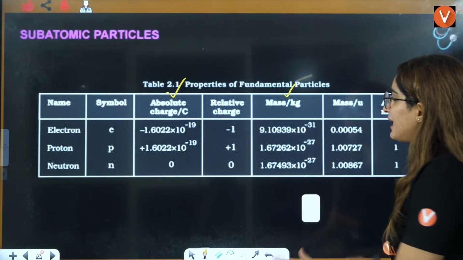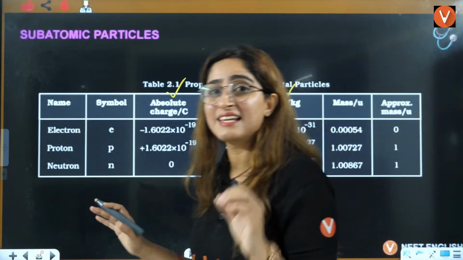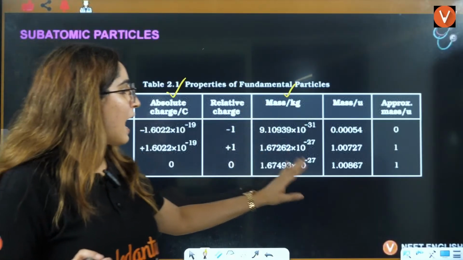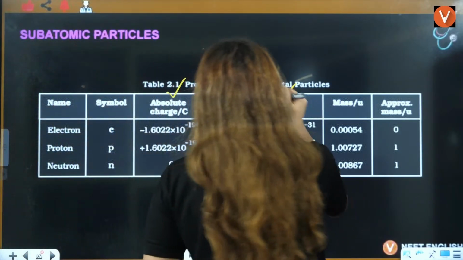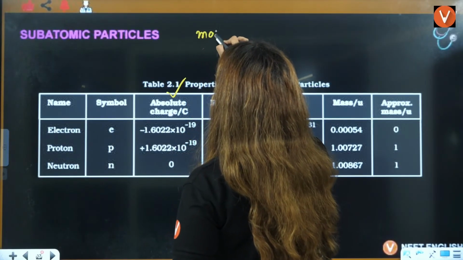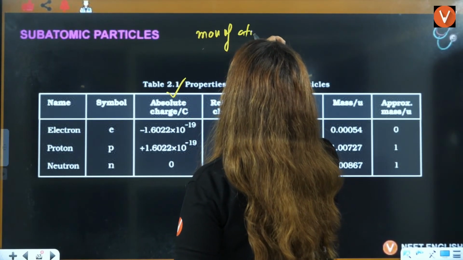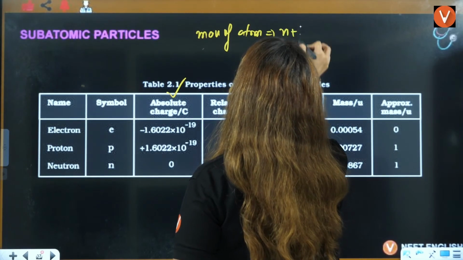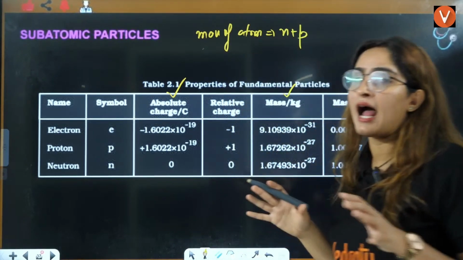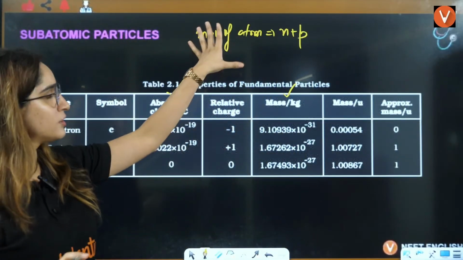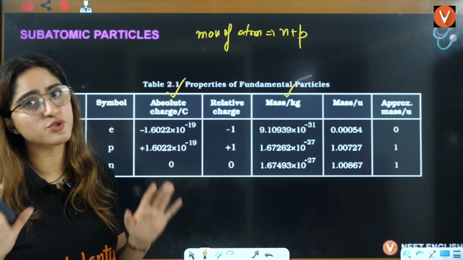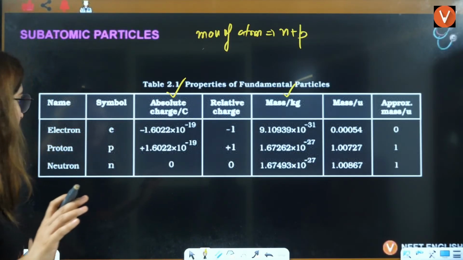So we take electron as almost negligible mass, that is 0, and proton and neutron, we take it as 1. That's why we say that mass of atom is equal to neutron plus proton, because we take that approximately electron mass is negligible. This we'll talk about later in this chapter, so don't worry about that, right?